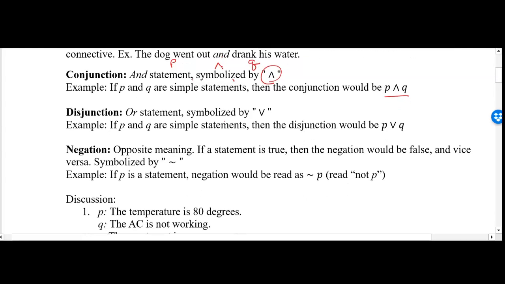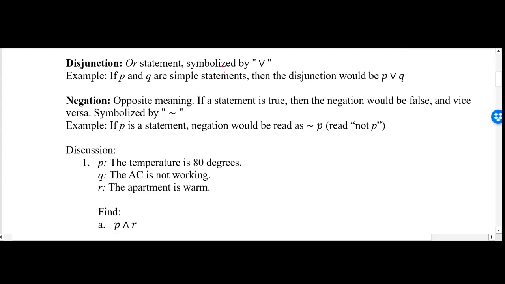Negation. Well, this basically means the opposite in meaning. So if a statement is true, then the negation would be false, and vice versa. If the statement was false, and we said we want the negation of that, then it would be true. So in other words, negation means opposite of what you found. We use this symbol right here.